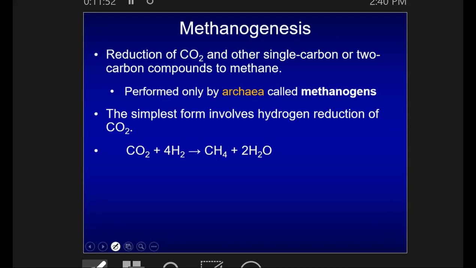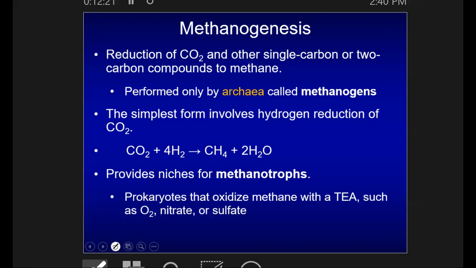Then nearby, hopefully, there's other microbes that aren't methanogens. They're trophs. So they're called methanotrophs, which means they're going to use or eat the methane. Okay, so methanotroph means that they're actually eating or using methane. And so they can be side by side. As soon as the methanogens go through their reaction and excrete out the methane, methanotrophs say, I'll take that and I'll use it as a source of electrons.